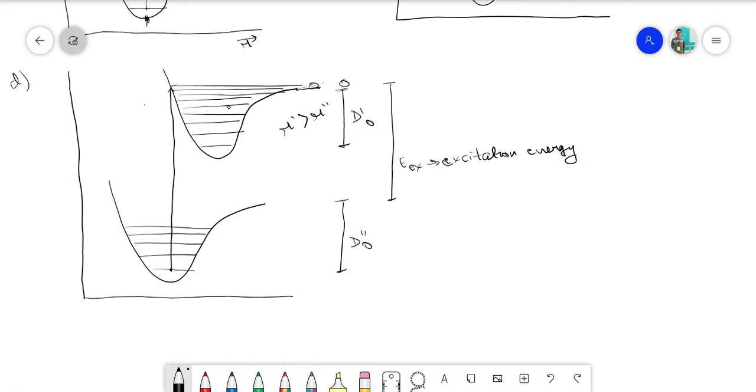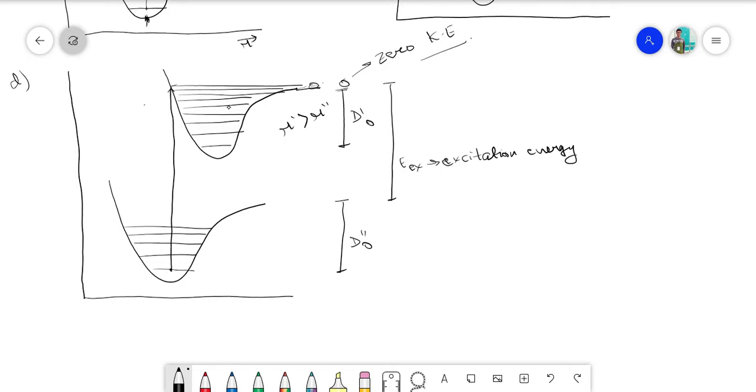This is the amount of energy that would be needed to excite the separated atoms to the higher electronic state. Okay. Now, since it has approximately exactly the same energy that is needed for breaking the molecule, these have zero kinetic energy.